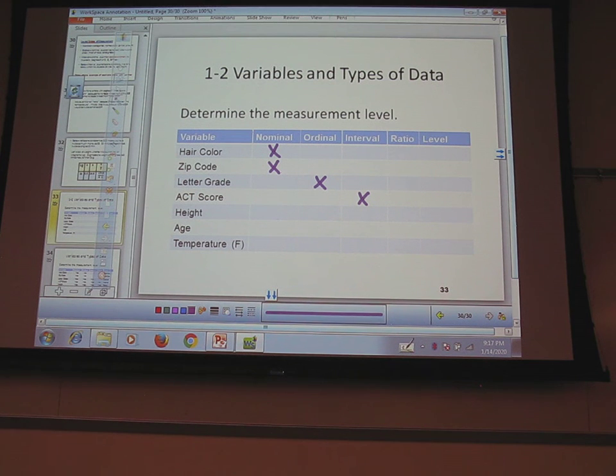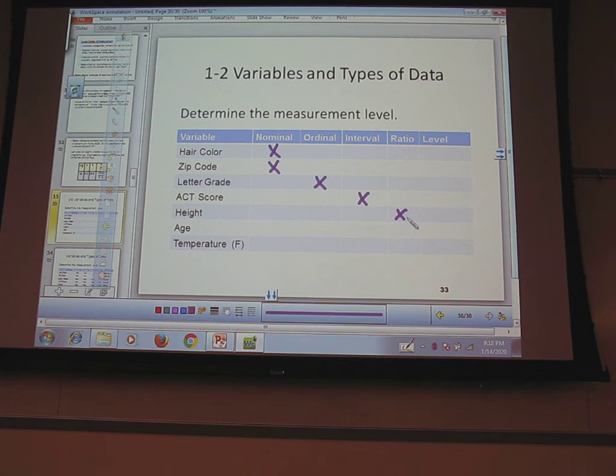Obviously, somebody can't be 0 height because they would be dead, right? But something could theoretically have a height of 0 if it was maybe like a laser plane that had no width at all. Anyway, let's not go there. So height ratio, age.